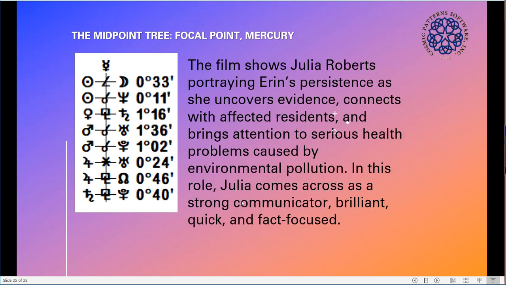The film shows Julia Roberts portraying Erin's persistence as she uncovers evidence, connects with affected residents, and brings attention to serious health problems caused by environmental pollution. In this role, Julia comes across as a strong communicator, brilliant, quick, and fact-focused. In real life, Julia is actually this as well. So that's why she loved this role.